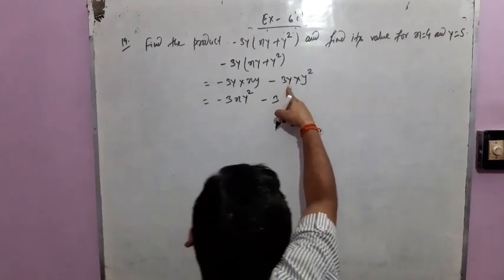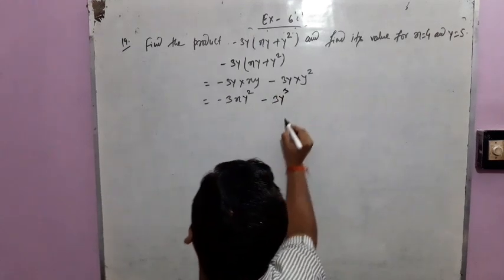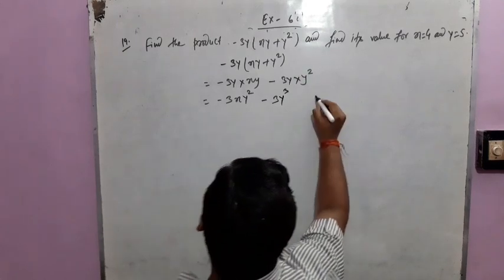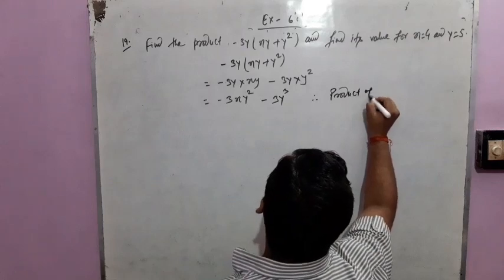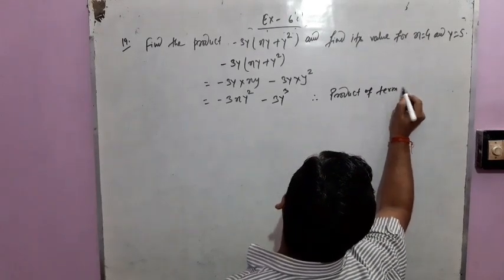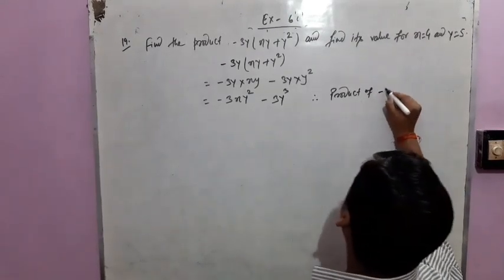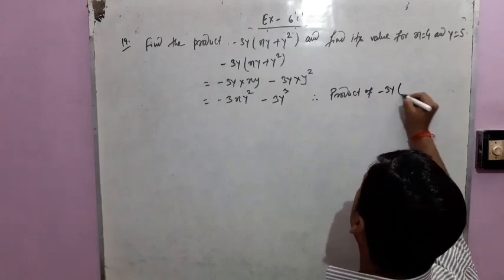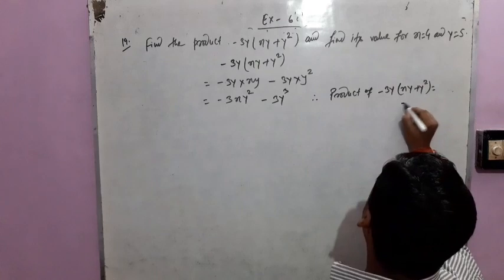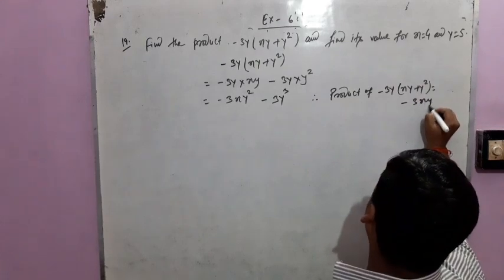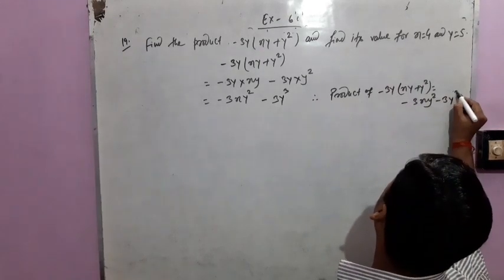Minus 3 here, and when we add the exponents of y, we get y cube. Now, therefore, the product is equal to what? Product of terms, that is minus 3xy square minus 3y cube.